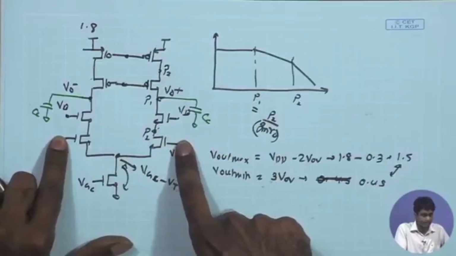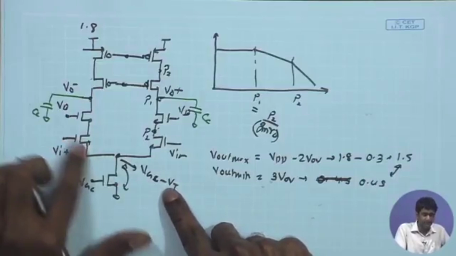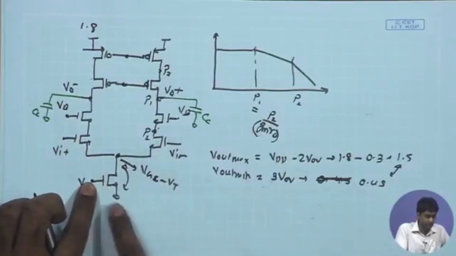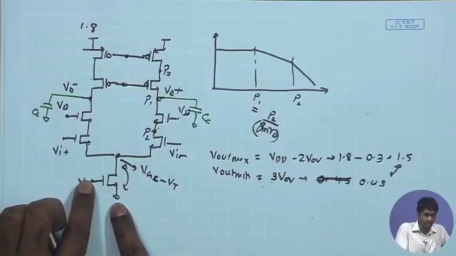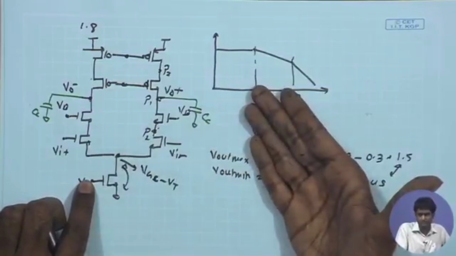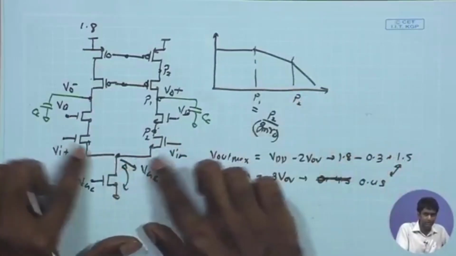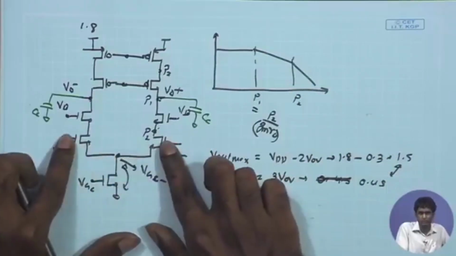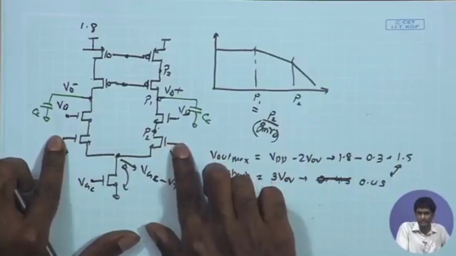That was Vg minus Vt plus Vgs, and Vg minus Vt, because it is low current biasing, can be close to 0, maybe 0.1 volt, and then Vgs is again close to Vt, around 0.5 volt. So 0.5 plus 0.1, around 0.5 to 0.6 volt.